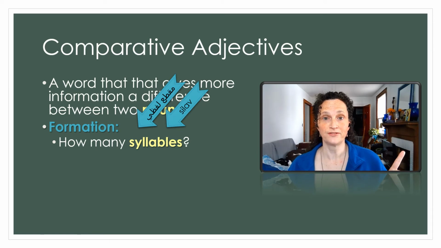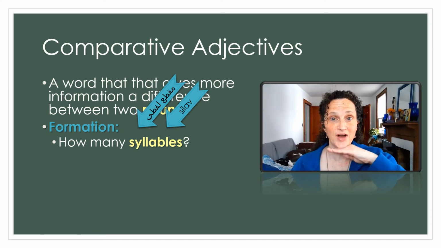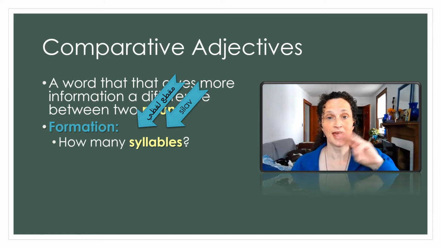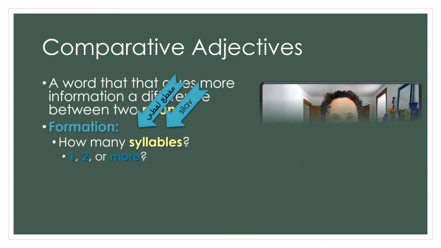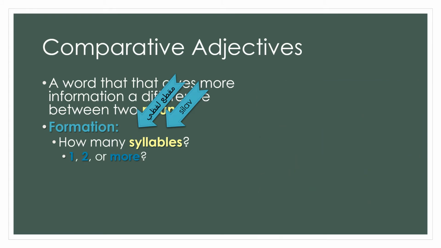The word fireplace has three syllables. So you count the number of syllables by the number of times your chin goes down. You need to ask yourself whether the adjective has one syllable, two syllables, or more than two syllables.